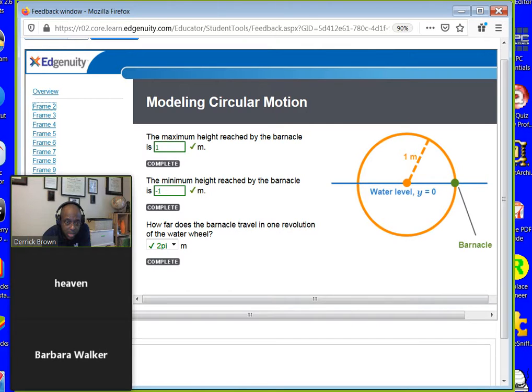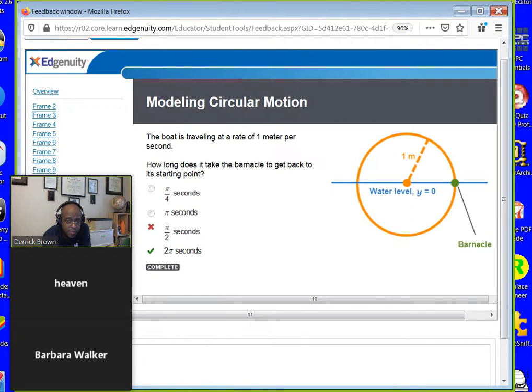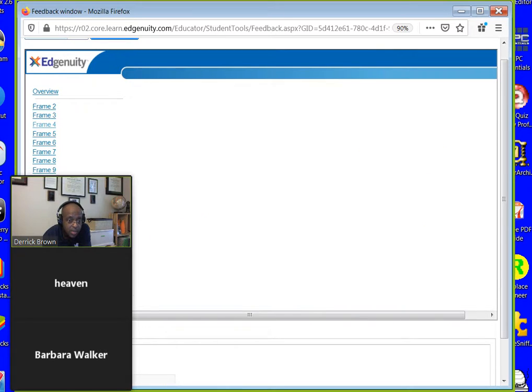It'll travel 2 pi meters in 1 revolution. All right, that's fair. Boat is traveling at 1 meter per second. Alright, so yeah, it would take 2 pi seconds to get back to the beginning. That's fair.